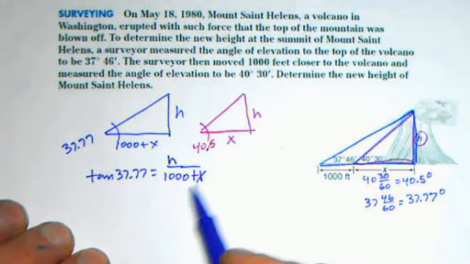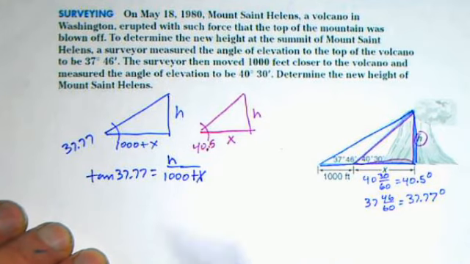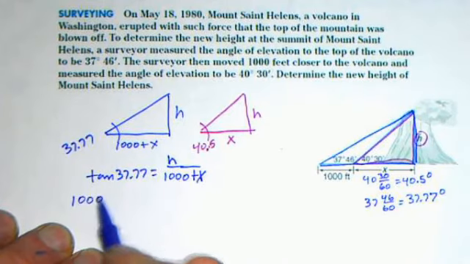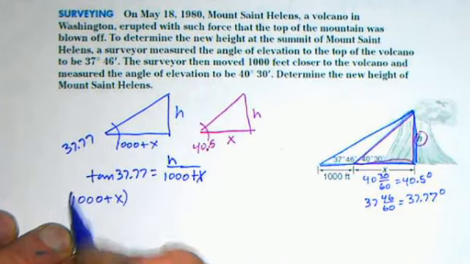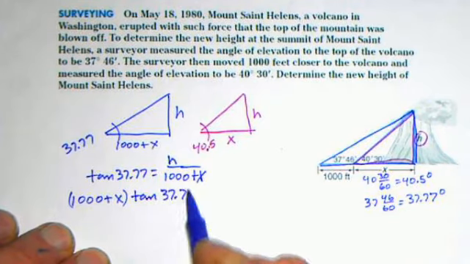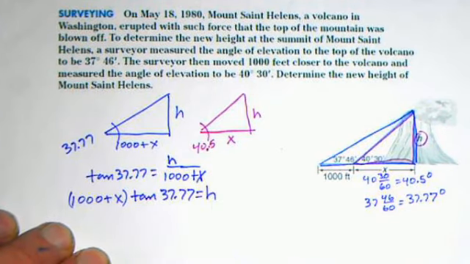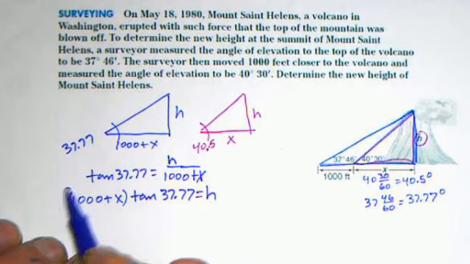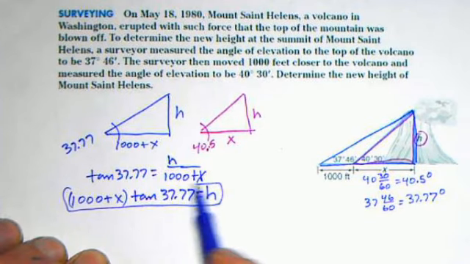And we need to get h by itself, so we're going to multiply both sides by the denominator here. So we have (1,000 plus x) times tan 37.77 equals h. So we've got the larger triangle solved in terms of h.